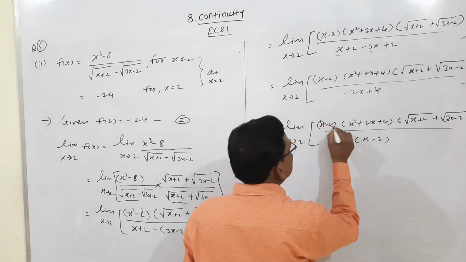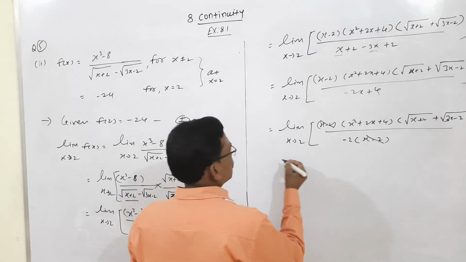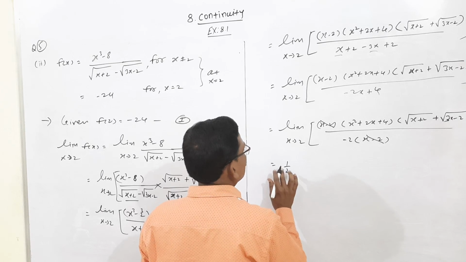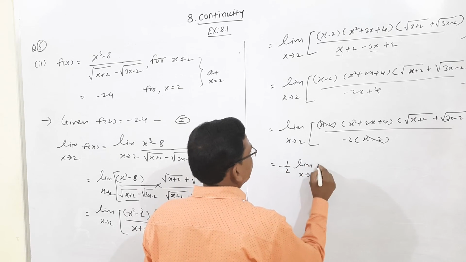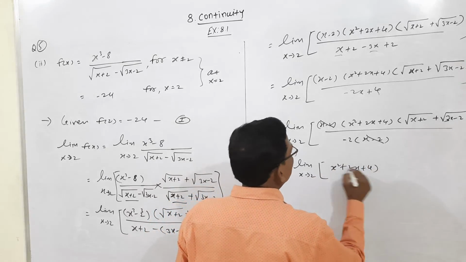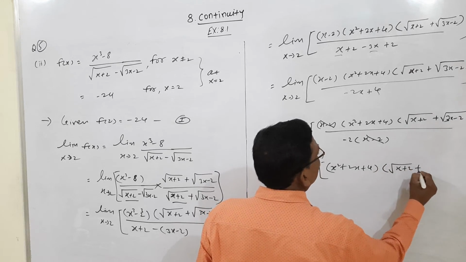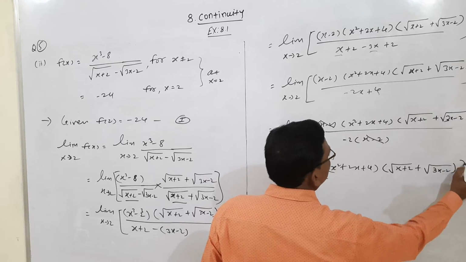So this x minus 2 factor cancels. We take this minus 2 as 1 by minus 2 before the limit. It remains x square plus 2x plus 4 and root of x plus 2 plus square root of 3x minus 2.